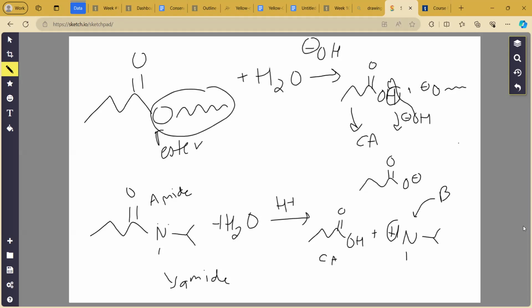This is still a base, so this is going to react again. And that nitrogen is going to gain a hydrogen and become an ammonium ion. So it's all about following the same pattern pretty much over and over again.